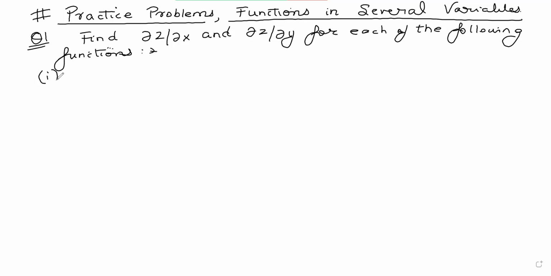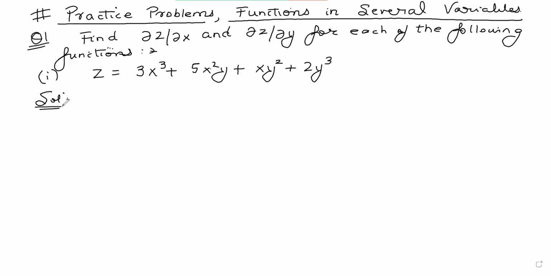We are given the first function, z is equal to 3x cubed plus 5x square y plus xy squared plus 2y cubed. Let's quickly find del z by del x. Remember, when we are differentiating partially with respect to x, we treat y as a constant.